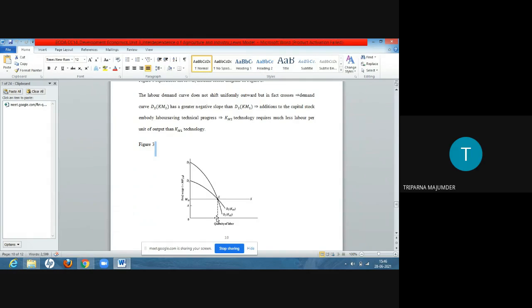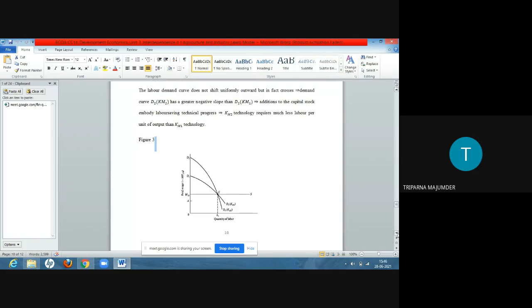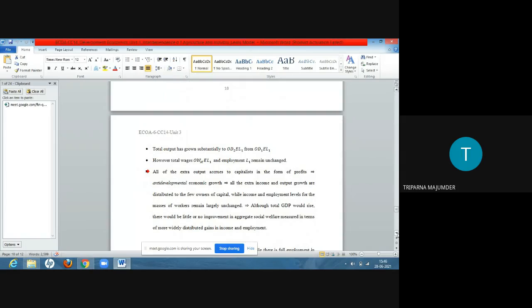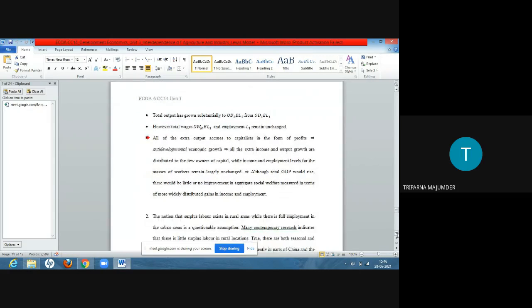The wage payment remains the same, that is OWMEL1. So what have the capitalists done? They have used labor-saving technology for increasing production.